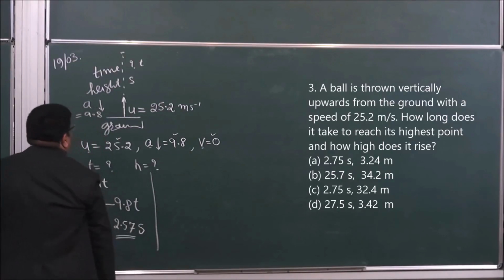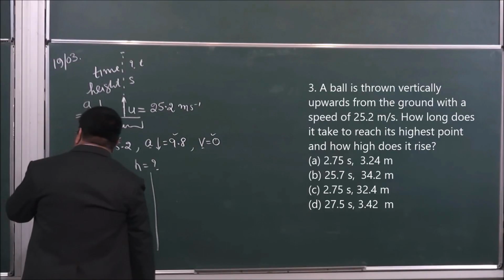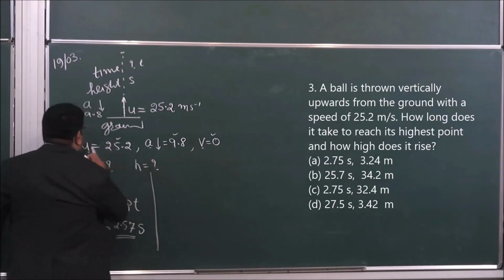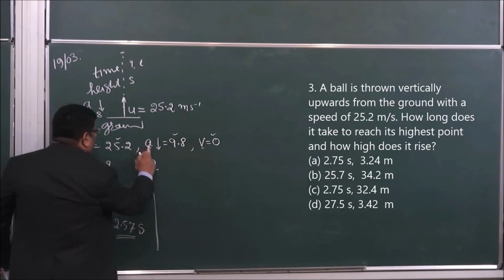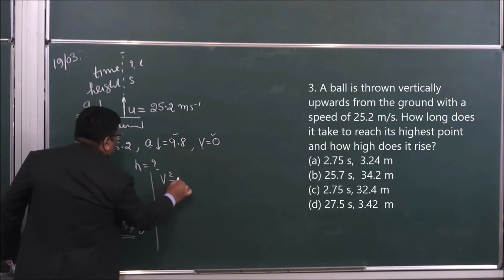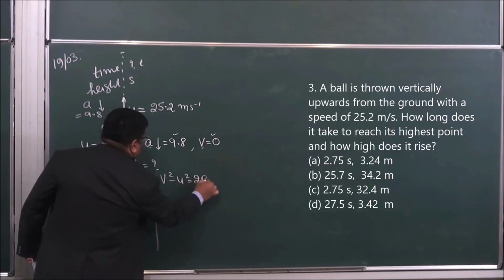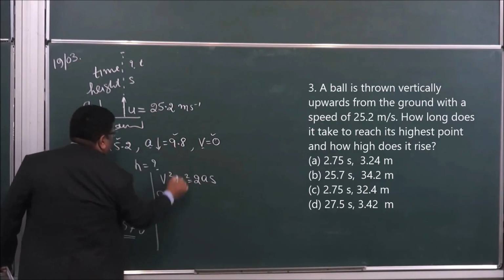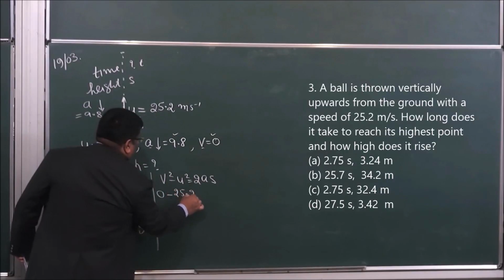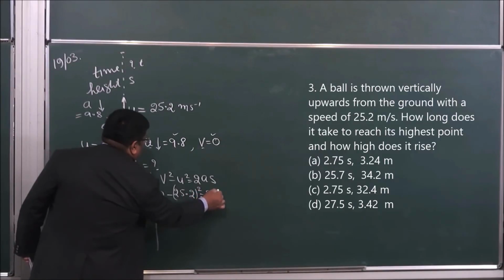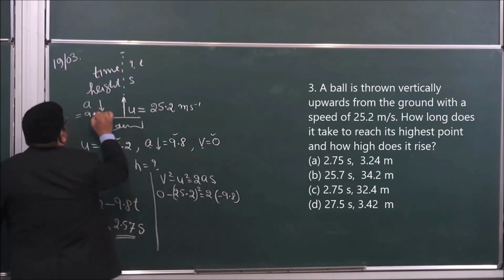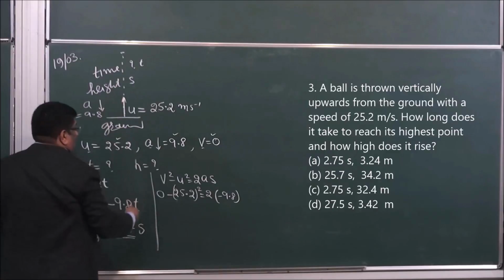2.57. Now, maximum height. If you go for maximum height, which formula are we going to use? v, u, a, s. v square minus u square is equal to 2as. Here v is 0, u is 25.2, so minus 25.2 square is equal to 2 into minus 9.8 into height. Height we have to find out.